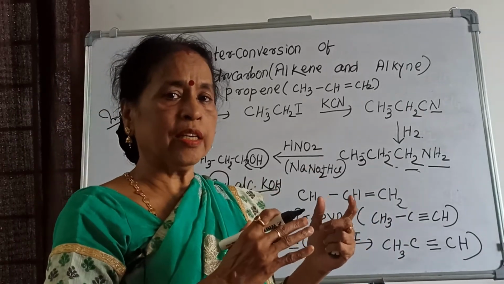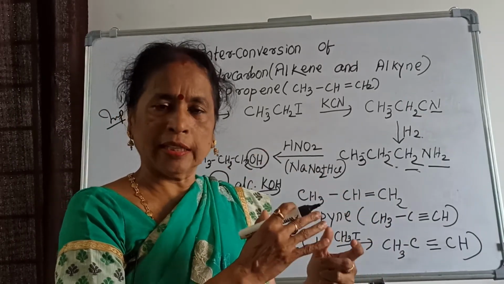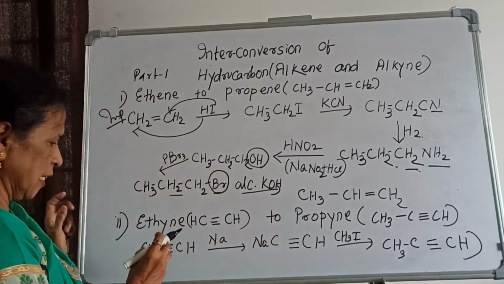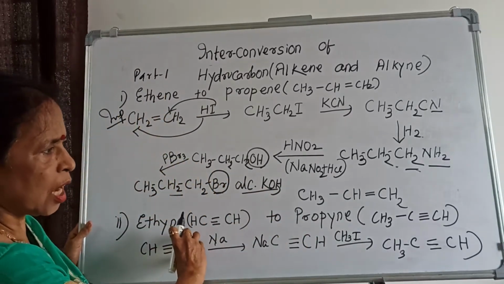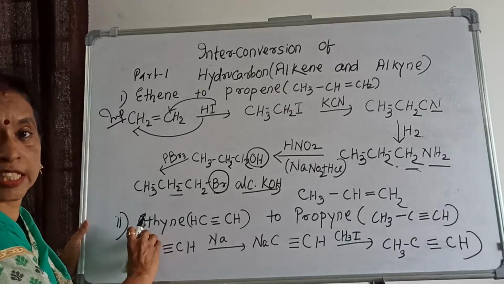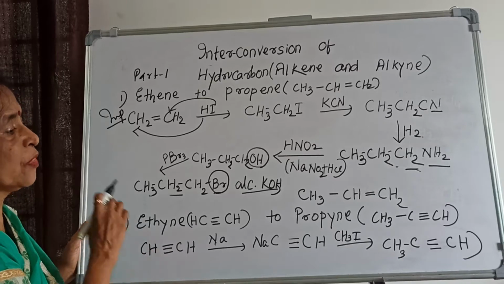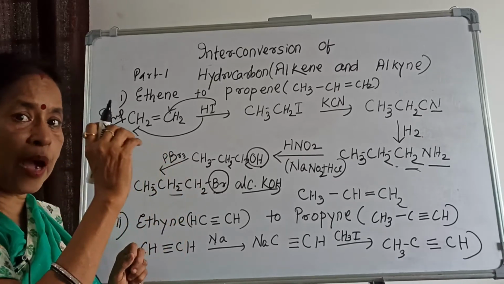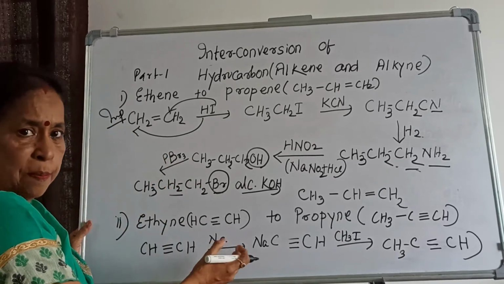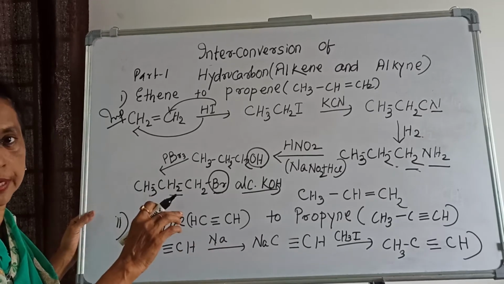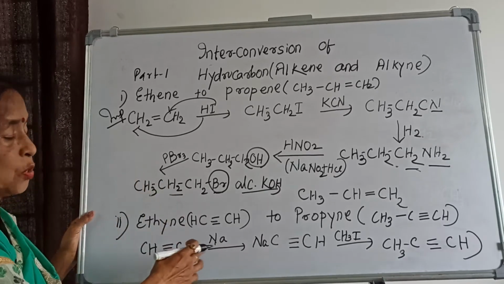Now here you take ethyne. Ethyne means CH triple bond CH. Now the question is, here you will put one CH3 group instead of H. Then what to do? If you use sodium, either this hydrogen or this hydrogen is first replaced by sodium.